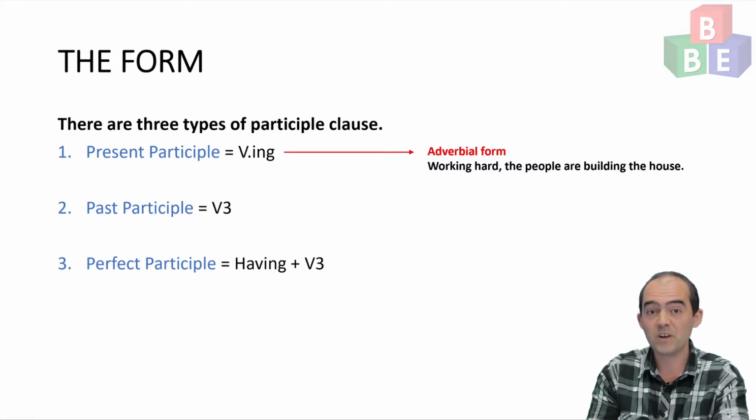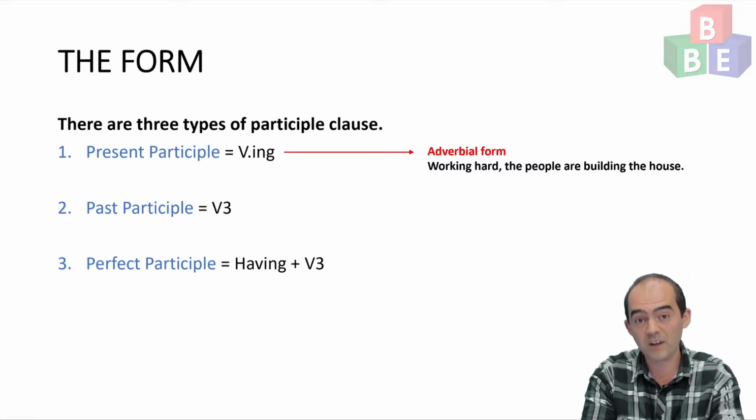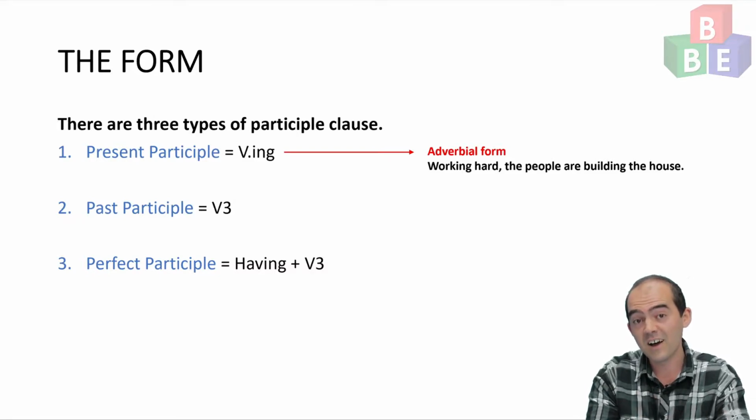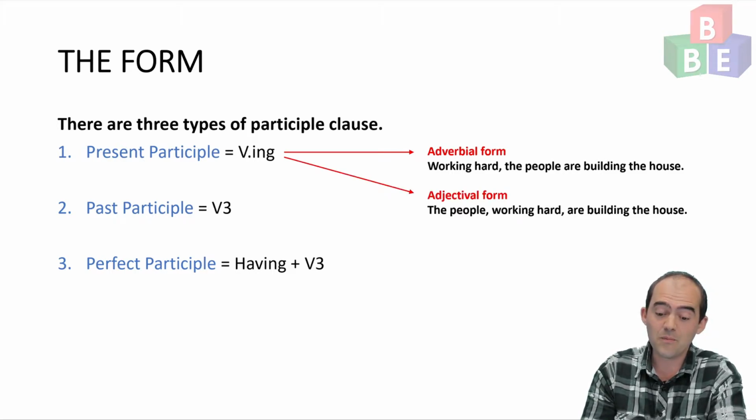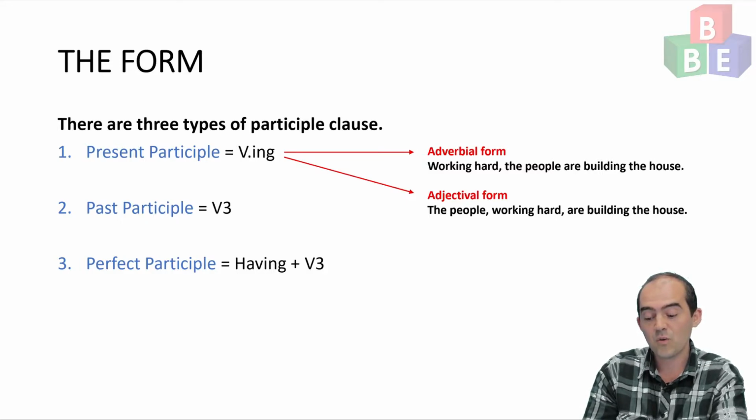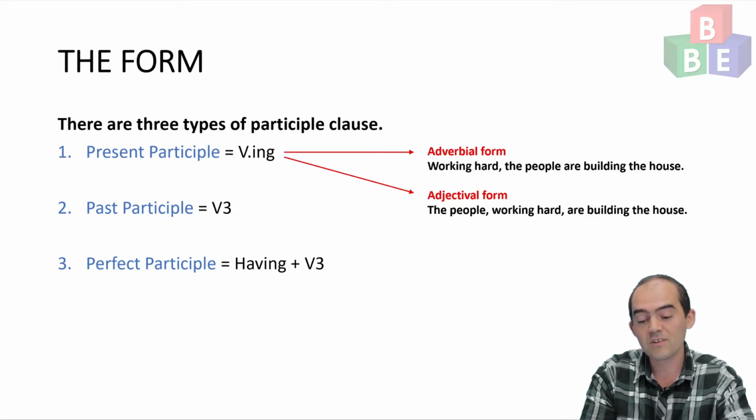And here, we can see that the participle clause, working hard, comes at the start of the sentence, like an adverb, or we can have the adjectival form. The people working hard are building the house, where the participle clause is in the middle of the main clause, functioning like a reduced relative clause.